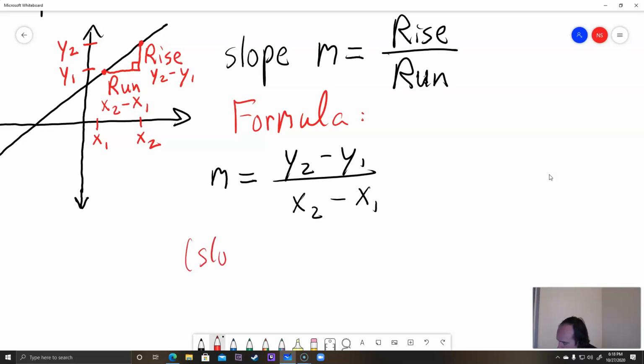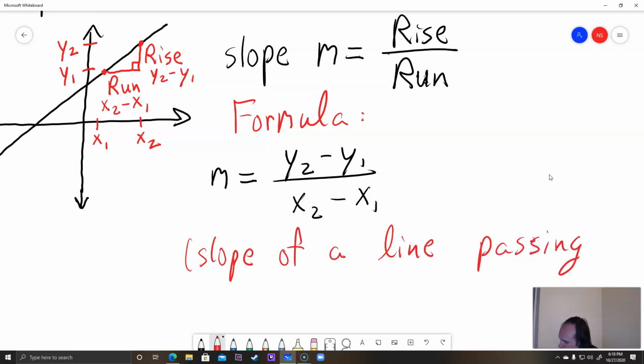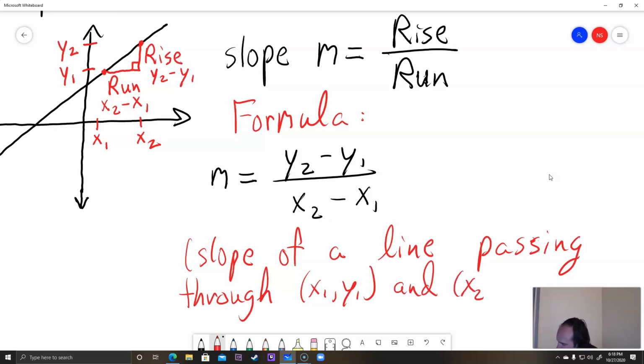So slope of a line passing through the points x1, y1, and x2, y2. I'll go ahead and box that.